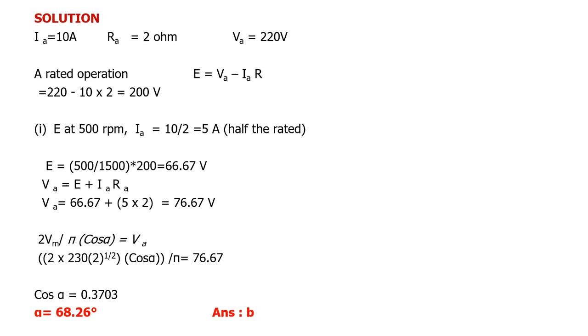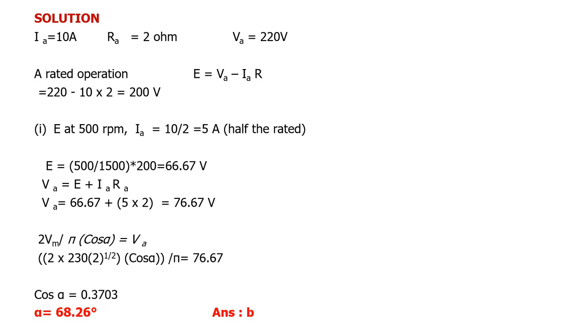Substituting, E is equal to 220 minus 10 into 2 ohm. If you simplify that, E is 200 volt. This is for rated operation. You calculated E as 200 volt.